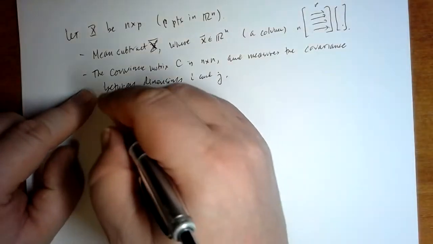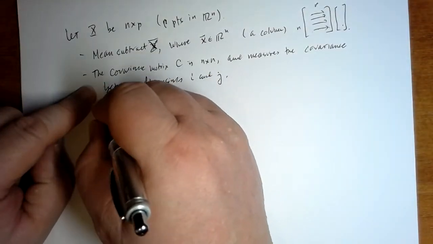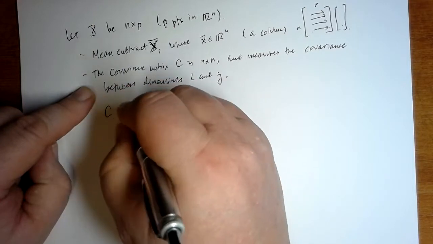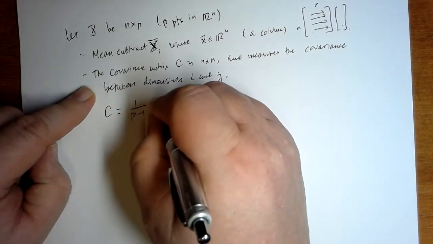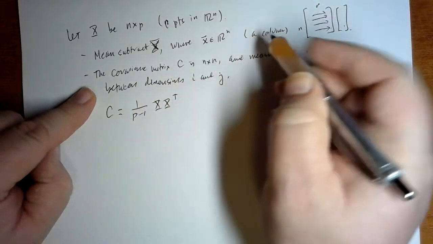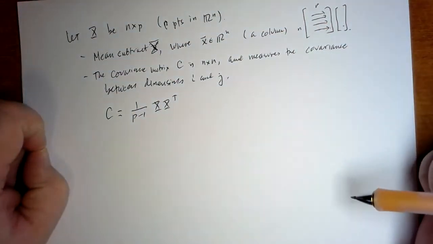In computing that, we said that C could be computed as 1 over p minus 1 times X X transpose. Again, I'm thinking of X as being mean subtracted there.